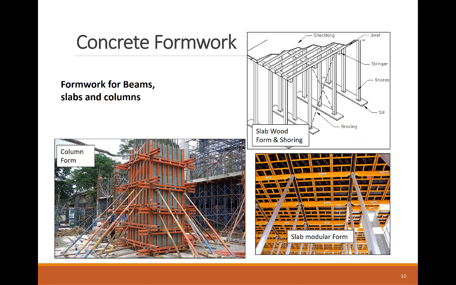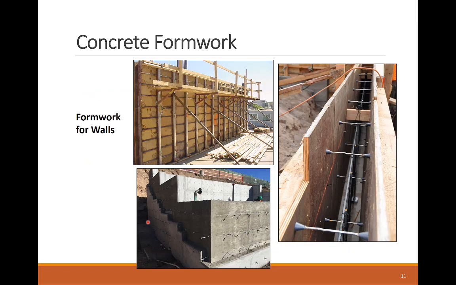Recently, modular formwork is becoming very popular due to its easy installation. This photo shows a column formwork that's laterally supported by diagonal struts. Wall formwork has a similar anatomy to column formwork.